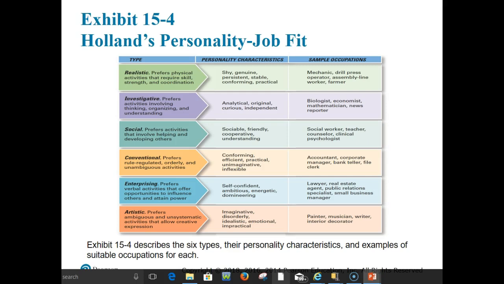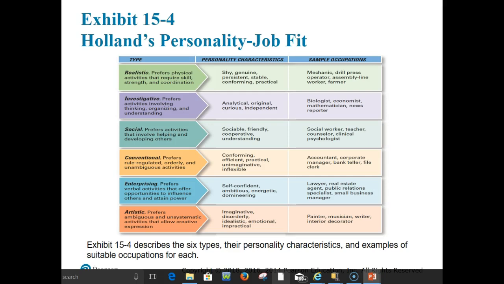Next, you have social, prefers activities that involve helping and developing others. Personality characteristics associated with this type are social, friendly, cooperative, understanding. And sample occupations would be social worker, teacher, counselor, clinical psychologist.